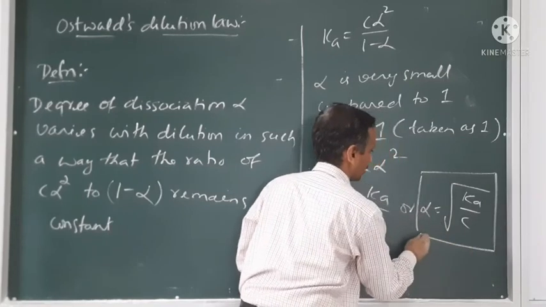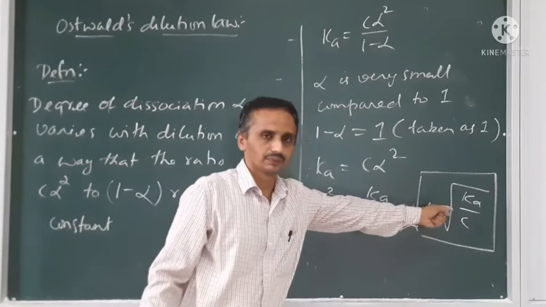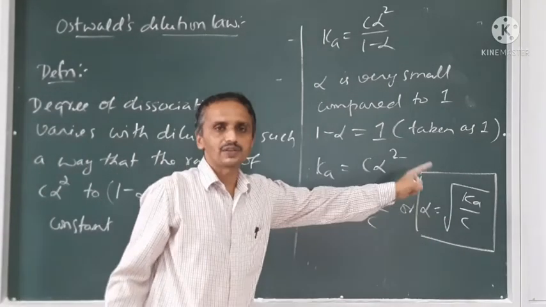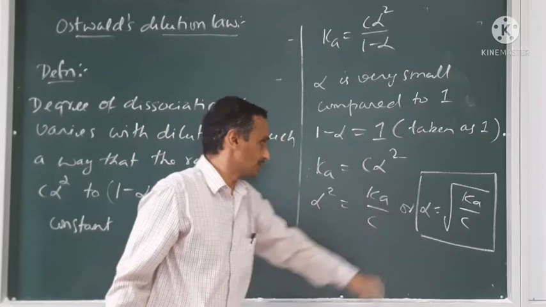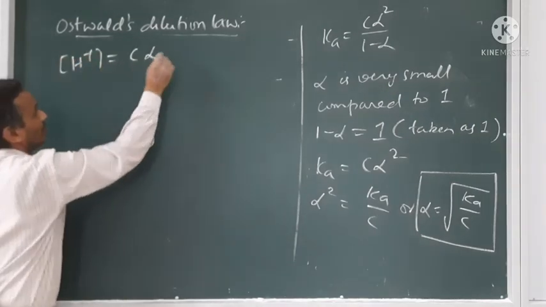Include this in the formula list. Sometimes problems can be asked from this. We know H plus ion concentration is equal to C alpha.